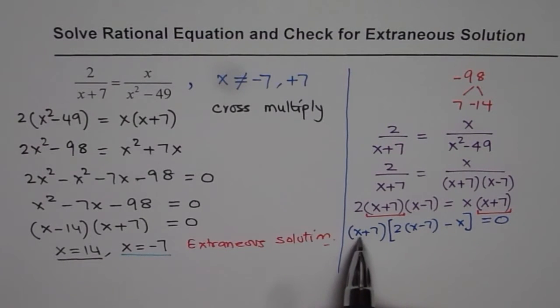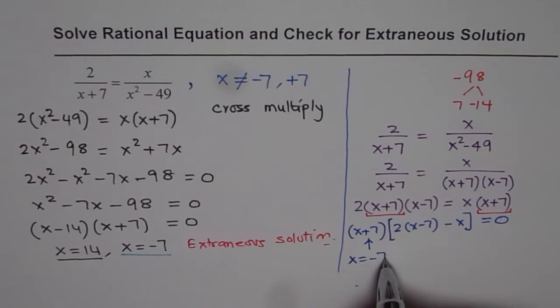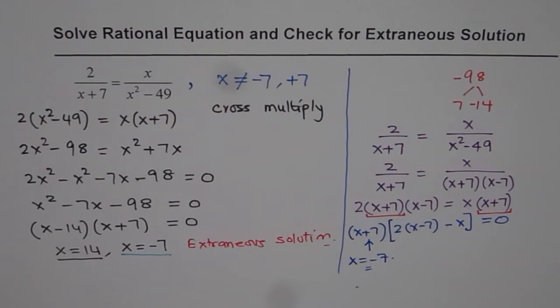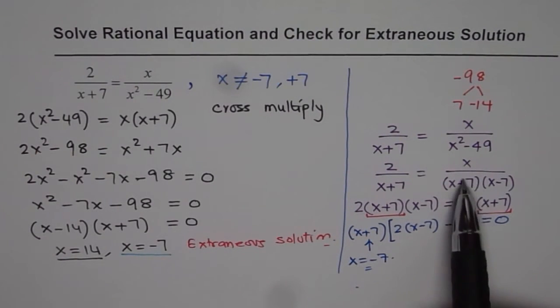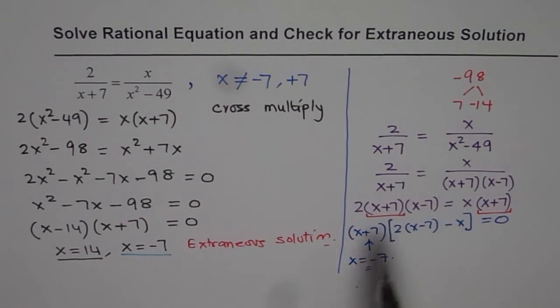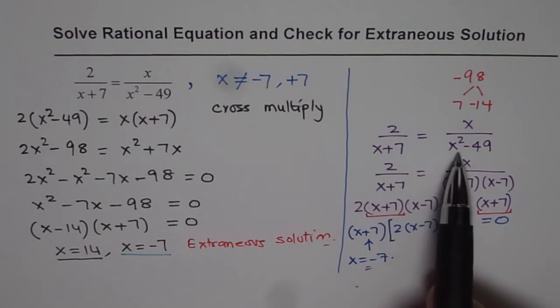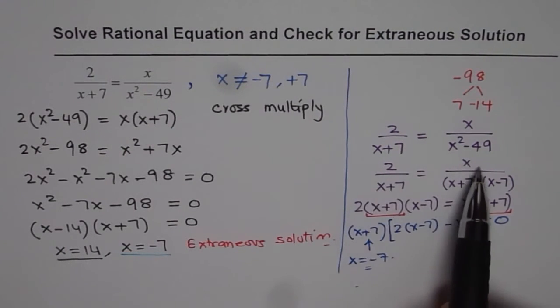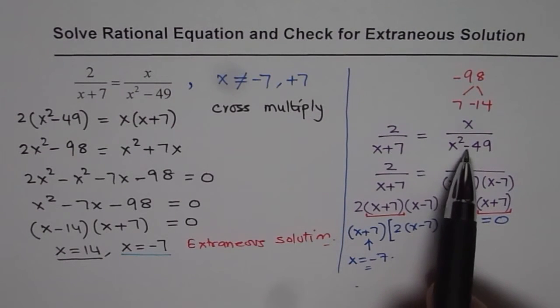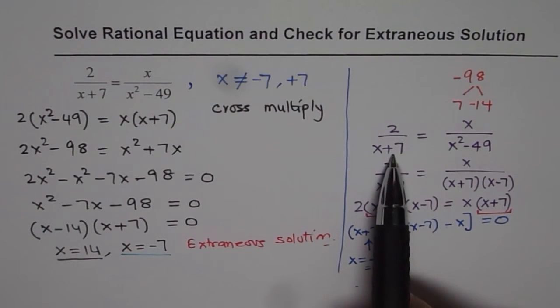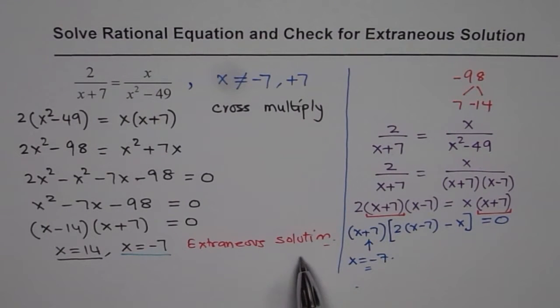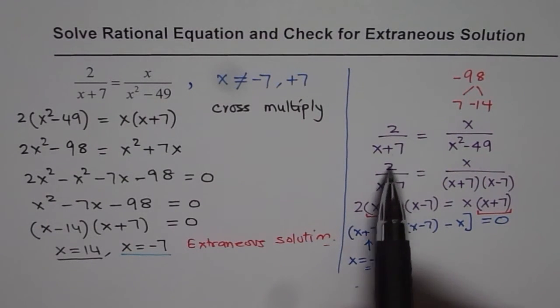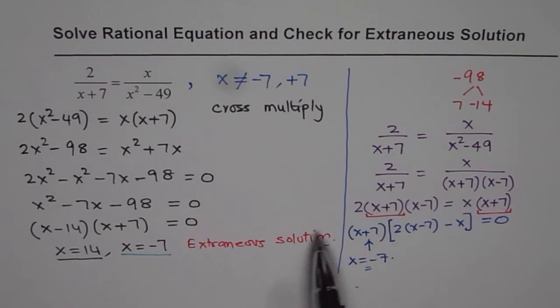Now this x plus 7 gives us one of the answers as x equals minus 7, which is extraneous. So whenever we are cross multiplying, there are times when we are multiplying both sides by a common factor which comes from the denominator, and that results in an extraneous root. So it's very necessary to check the solution when you do so.